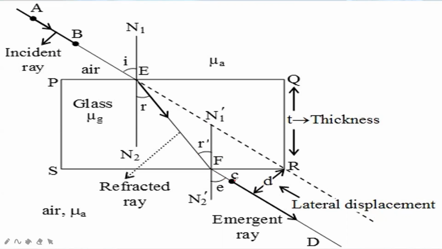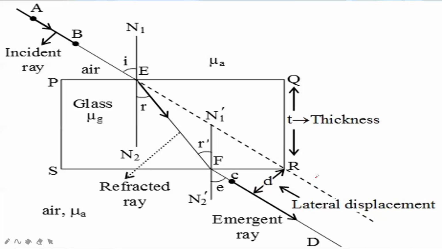Now when this ray comes out, just draw a straight line over here. Then draw a straight line from AB, imagining that the glass slab was not present. If the glass slab is not present, this will go like this, straight away. Now you can see that this ray, which was the actual ray in the absence of glass slab, is parallel to the emergent ray that is produced because of the presence of glass slab.